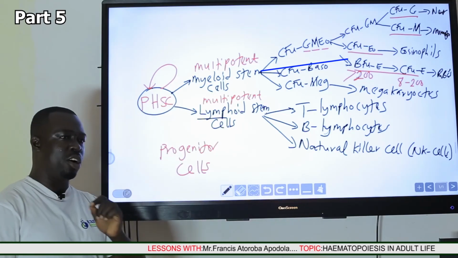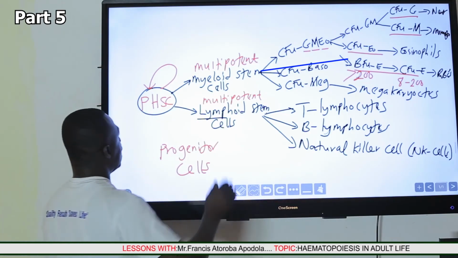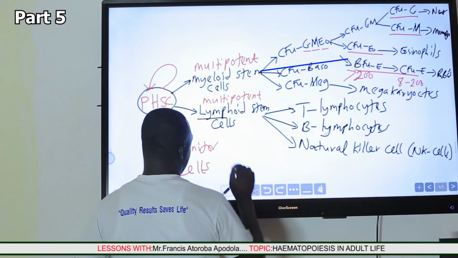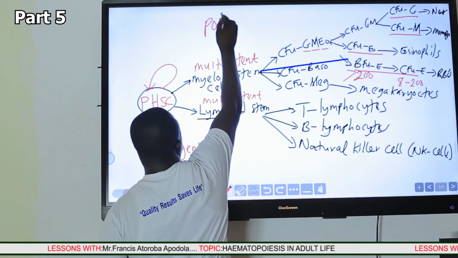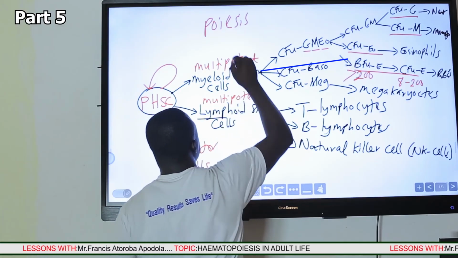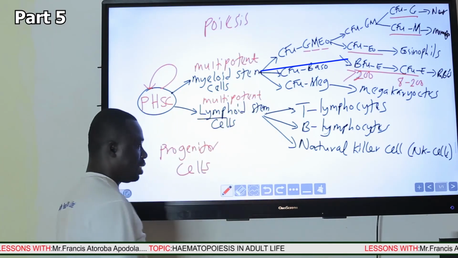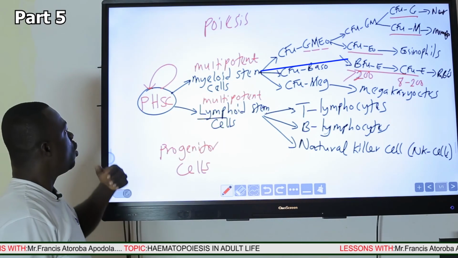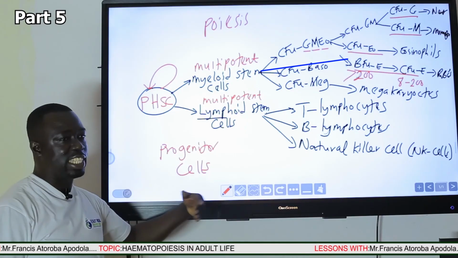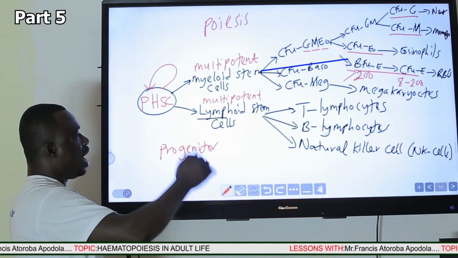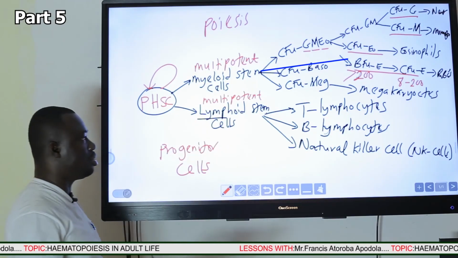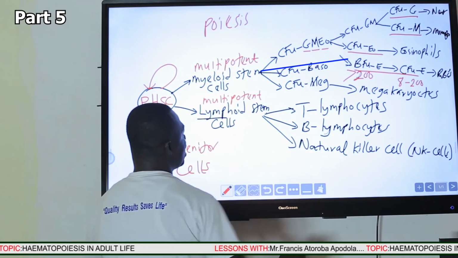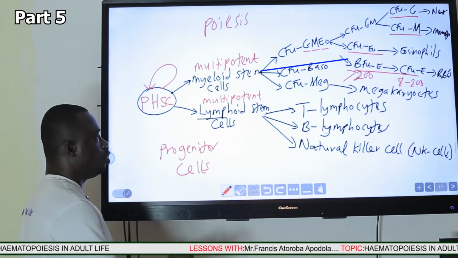Now, recall that we say the suffix for production is called poiesis. So if we want to create a terminology for the production of each of these respective terminally differentiated cells, we just need to know which terminally differentiated cell we want to produce.